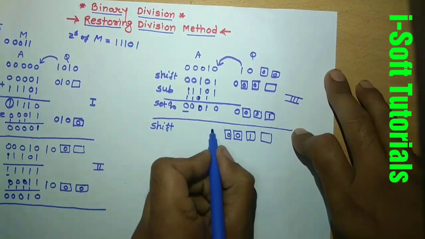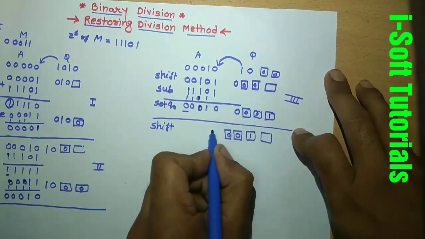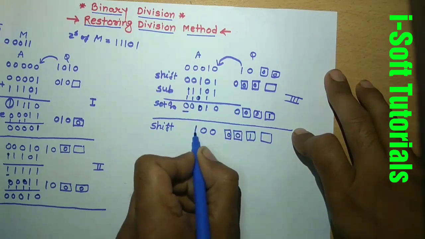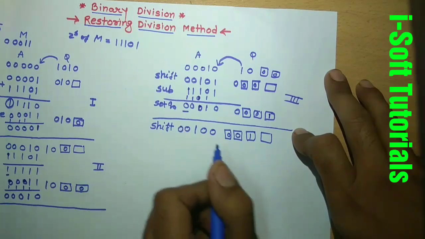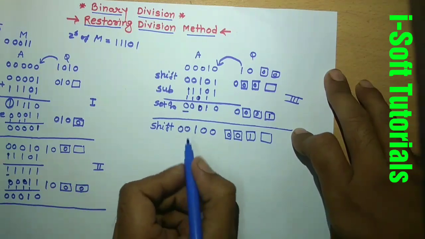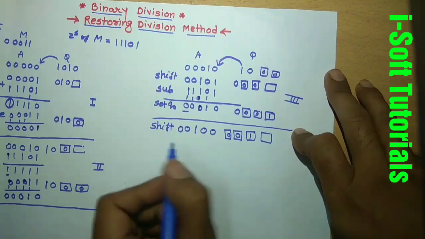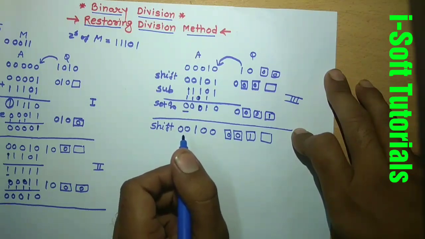Then here we will perform shifting again, 0 0 1 0, and again 1 0 is remaining. So 0 0 1 0 0. This we got.